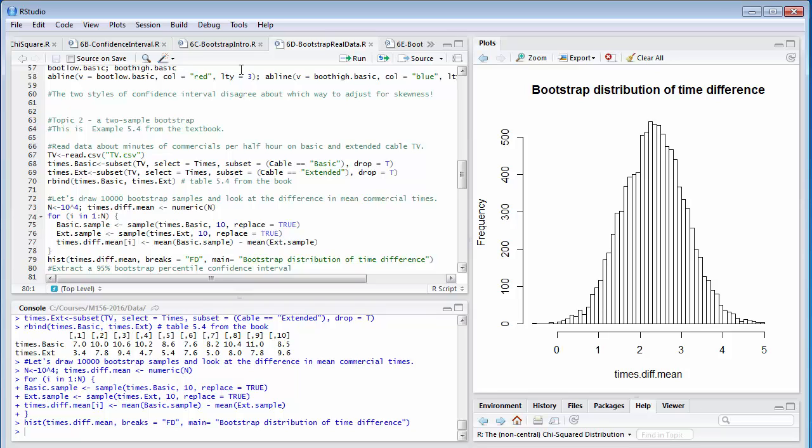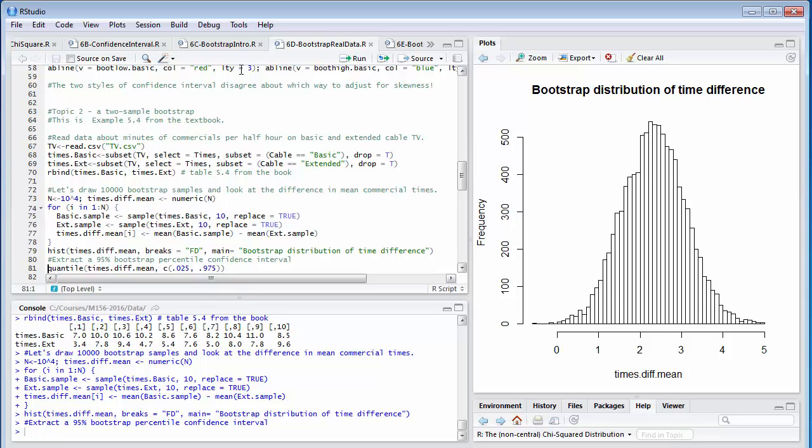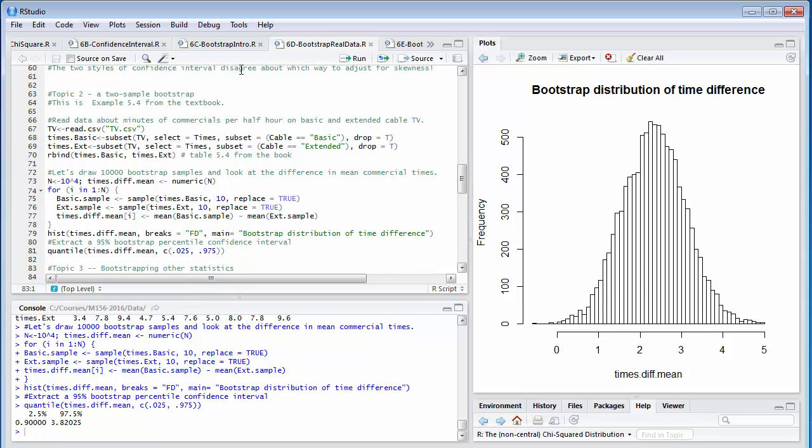Now from that we can extract a 95% confidence interval just by asking for the quantiles of this distribution, and we say 95% of the time the true mean in the difference will lie in between 0.9 and 3.8. And since those are both positive quantities, we're fairly sure that the true mean really is a positive number, that there are more commercials on basic cable than on extended cable.